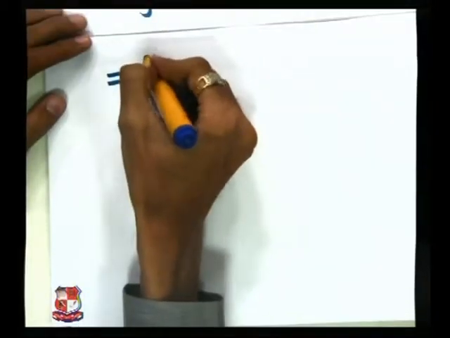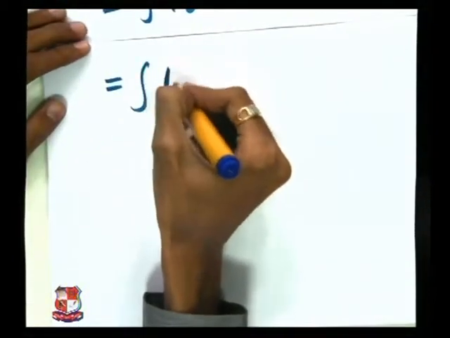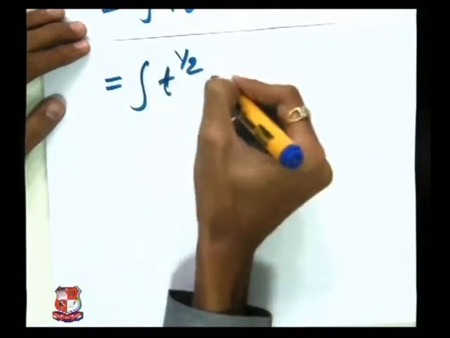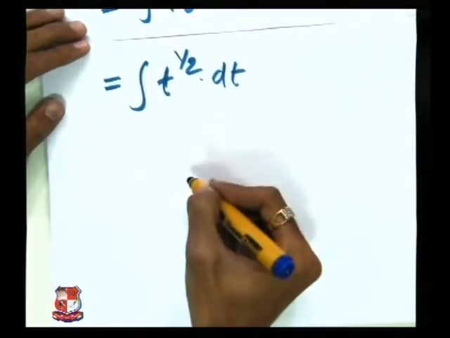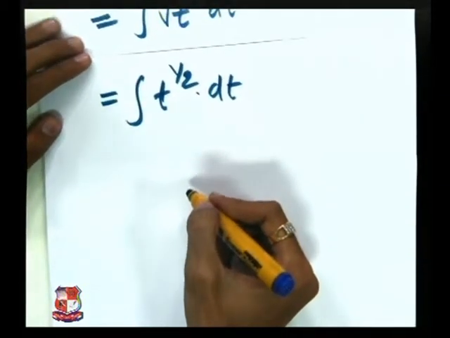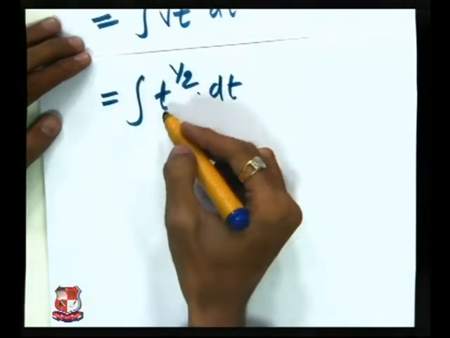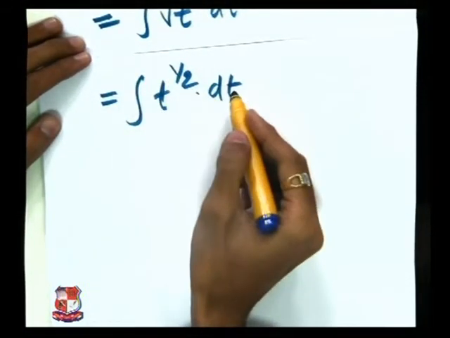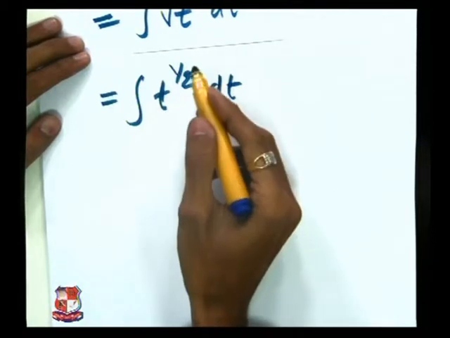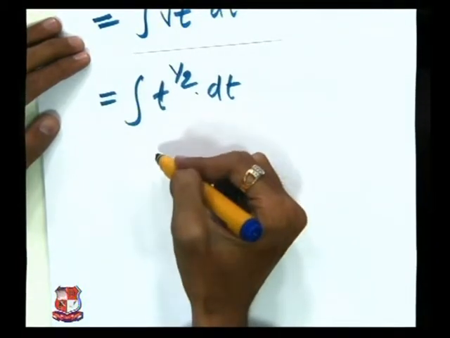After simplifying this, I will get integration t raised to 1/2 into dt, and by the simple formula we know that the integration of t raised to n with respect to t is t raised to n plus 1 upon n plus 1 plus c.